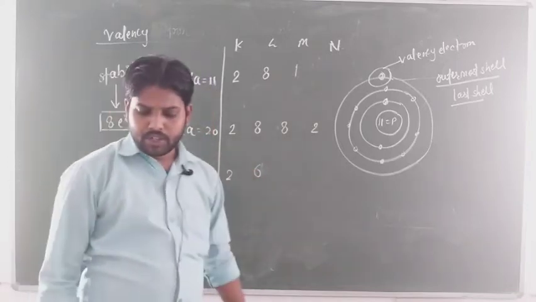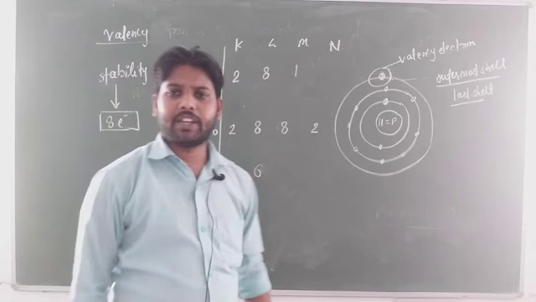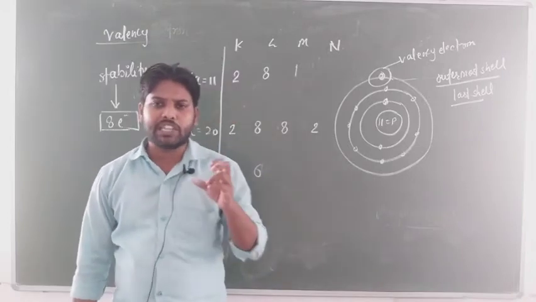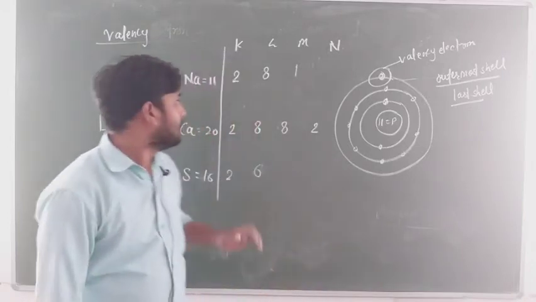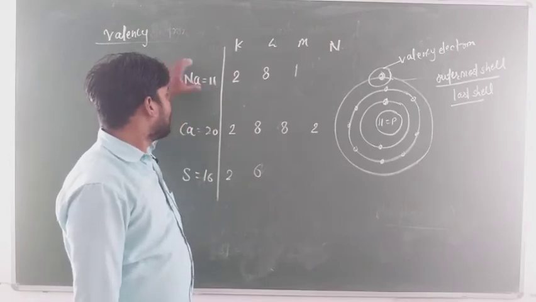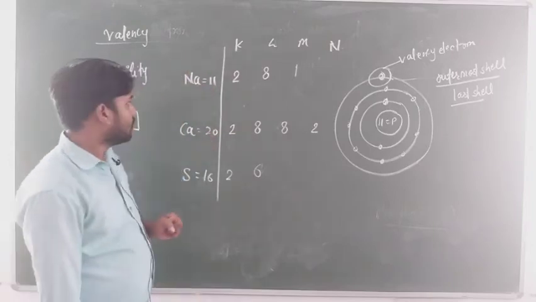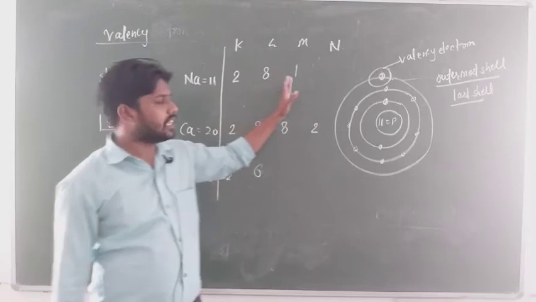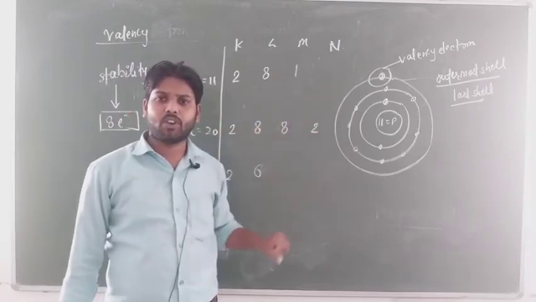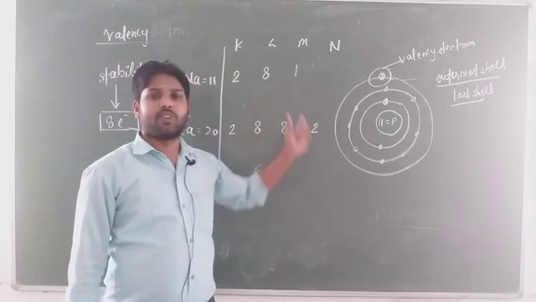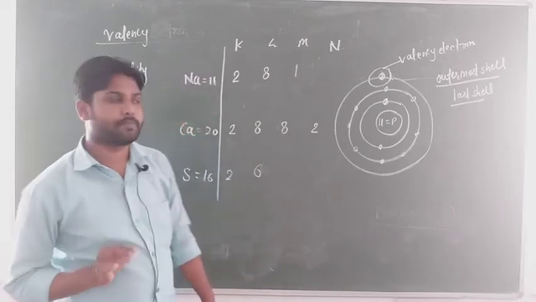Okay, now see, children, which atom is nearest to achieving stability. First, if we consider the sodium atom, the last shell contains 1 electron and this will be its valency electron, students.